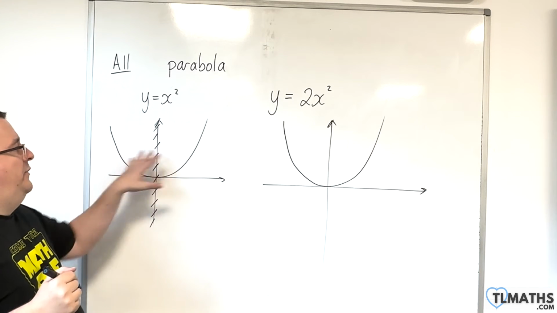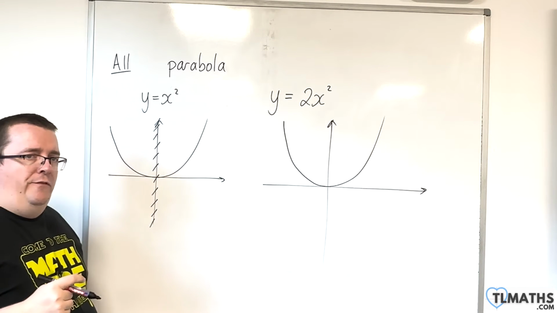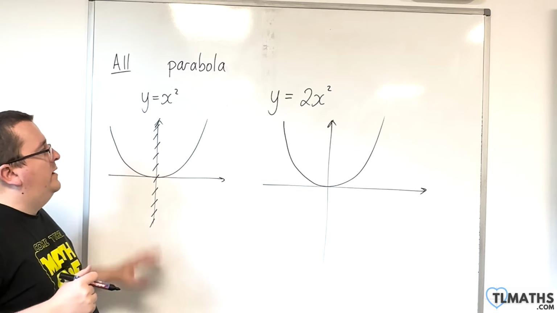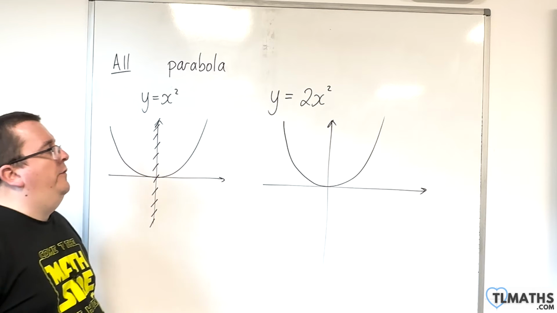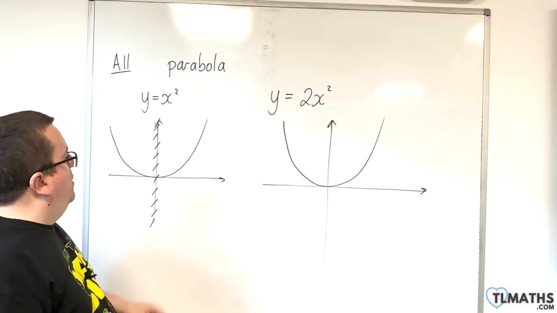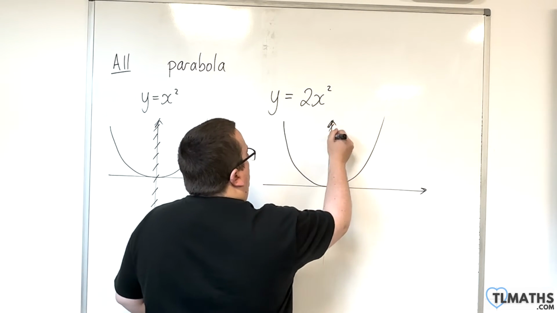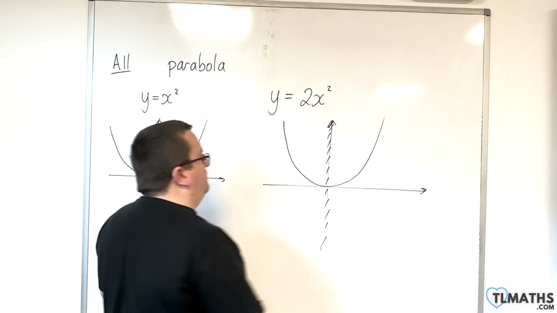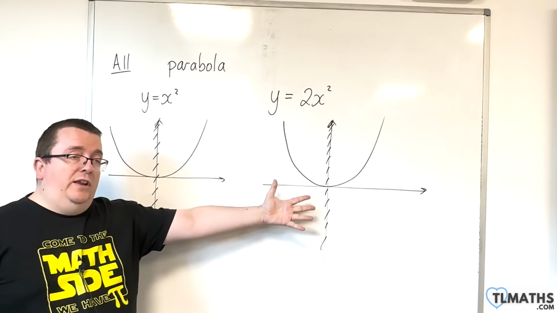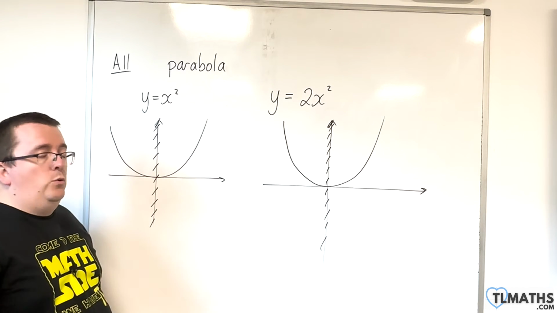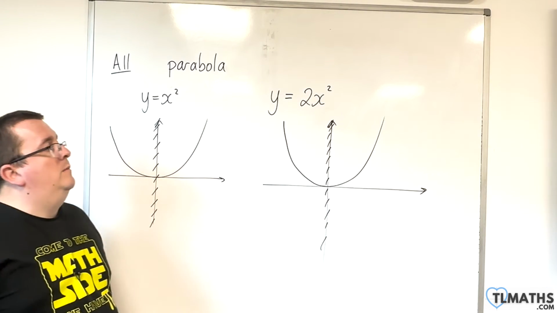Now you might be going, well, that doesn't look too dissimilar from my first sketch of y equals x squared. Are they the same? No, they're not the same. They both have the property of having the y-axis as a line of symmetry. They are both parabolas, so this is still a parabola, okay, because it's a quadratic curve. All quadratic curves are parabolas.